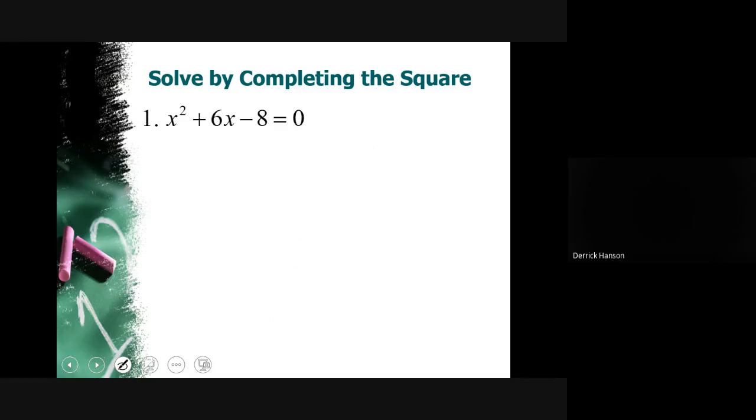let's say I give you that equation: x squared plus 6x minus 8 equals 0. This is the part that is kind of weird for completing the square, because if this was 2.3, that's exactly how we want that set up, right? In 2.3, we would have it equal to 0. We're happy with that.